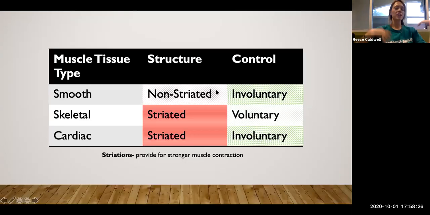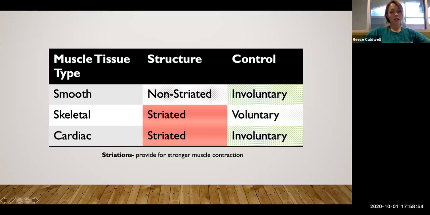So let's break down what differentiates these types of muscle tissue. This is a really important chart, and I made the chart up. You might see it in a general format, but I put it into a chart so it's a little bit easier to remember. The two things we're looking at here are structure and control. Those are the two things that differentiate the three muscle tissue types.